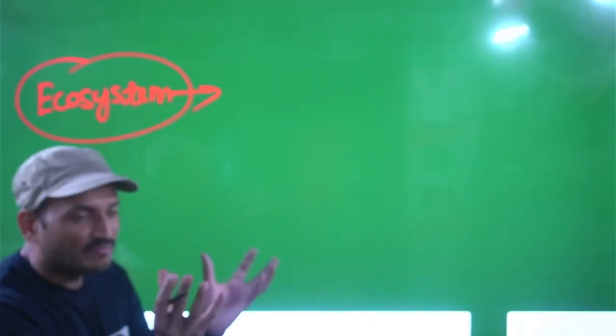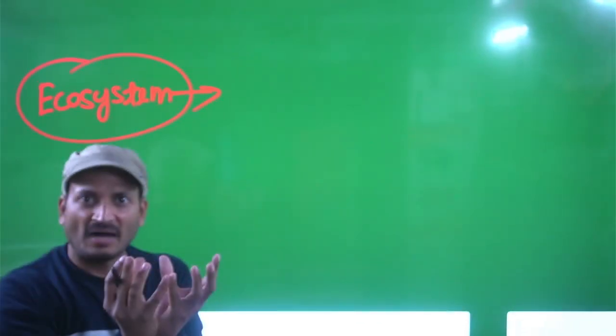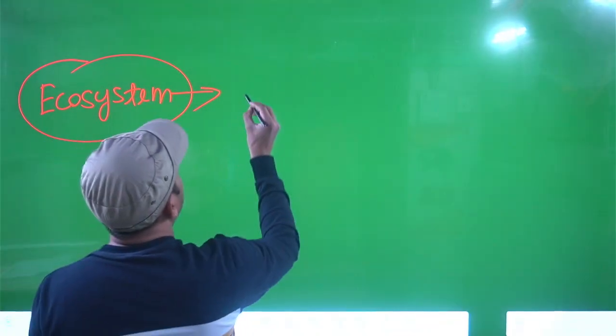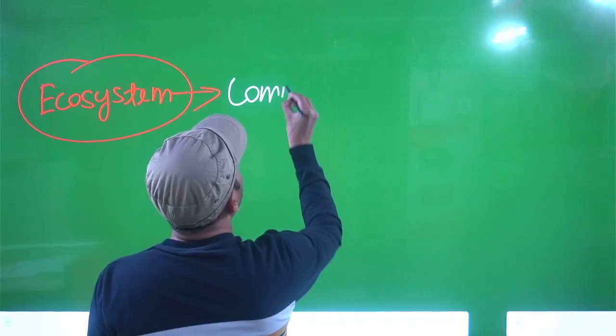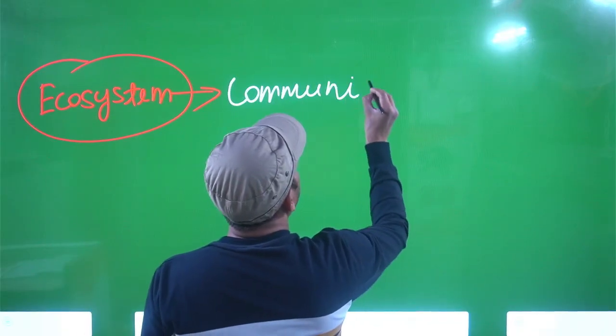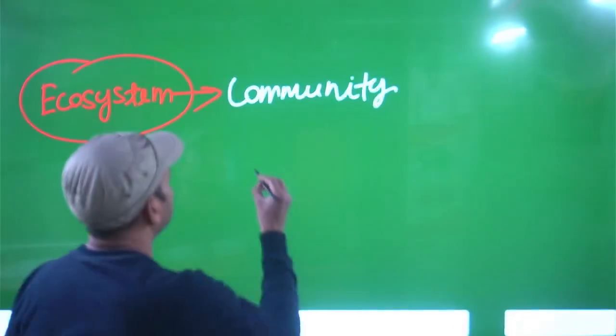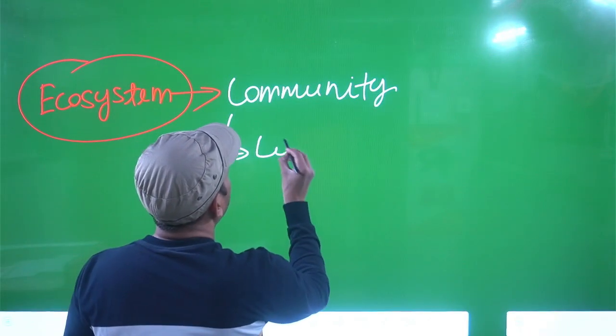Eco, meaning combined, kind of system, as the name suggests. So an ecosystem, my friends, is a community of living things.